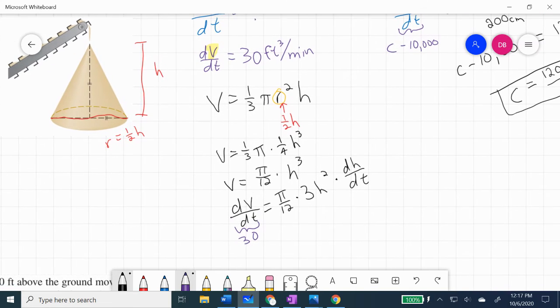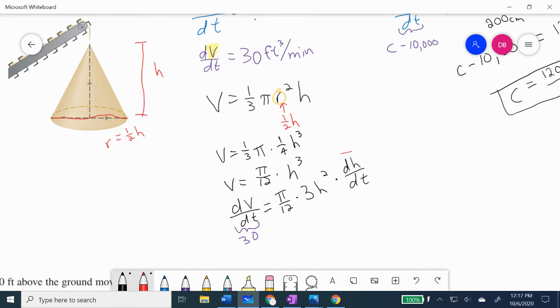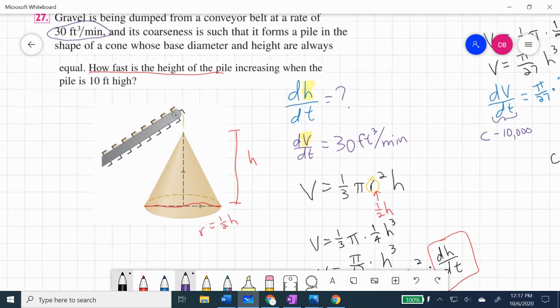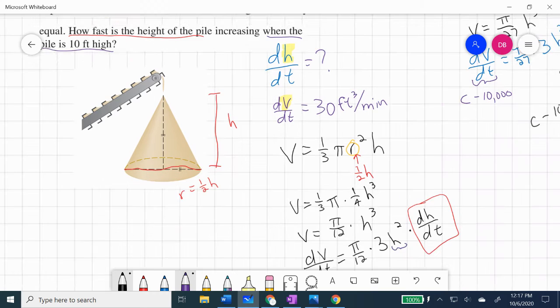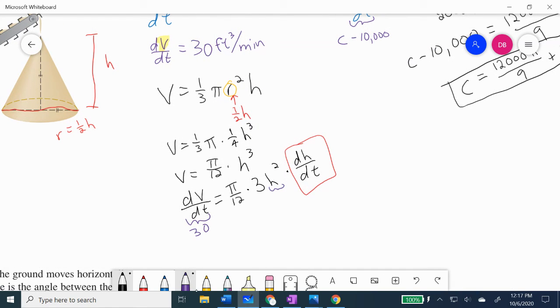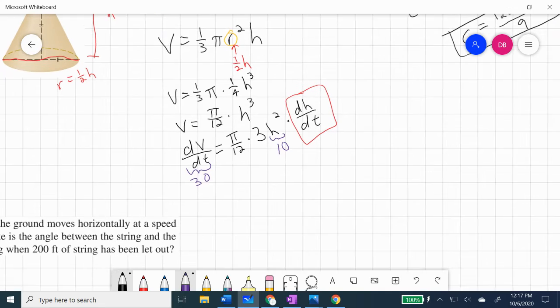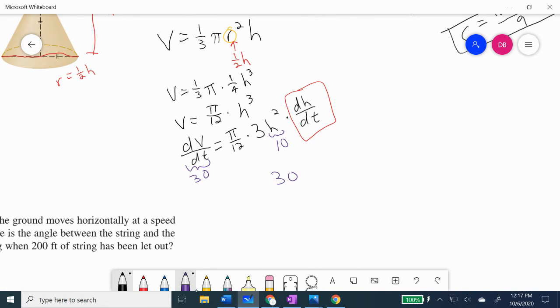And I'm trying to find dh dt. The only thing I have yet to find out is what is the h for the when information. When the pile is 10 feet high, there is my h. So now I have 30 equals pi over 12 times 300 as I square that 10 times dh dt.